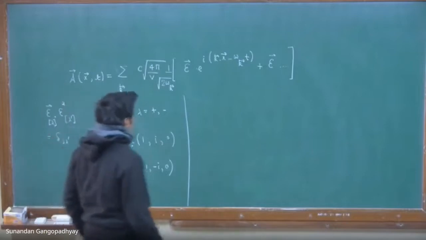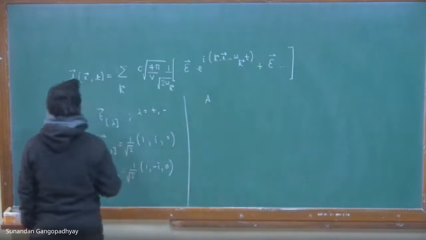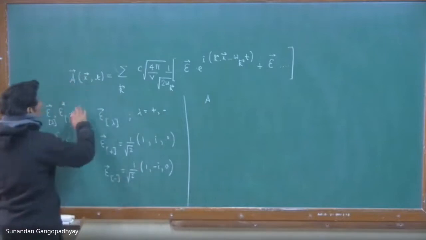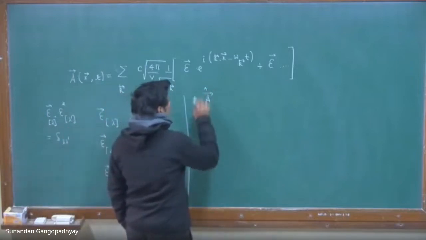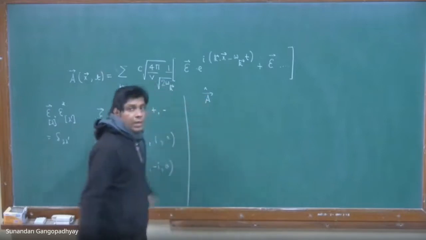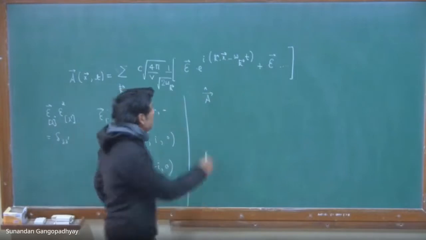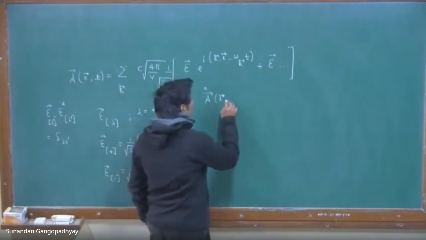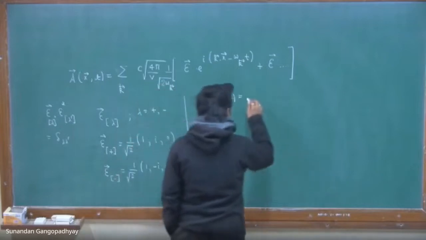In the case where this field is a quantum field, this particular thing will be elevated to the status of an operator. I just put a hat on top, but you can also get rid of that. You just remember that this thing in the quantum case is an operator, and therefore the normal mode expansion in this case will be of the following form.